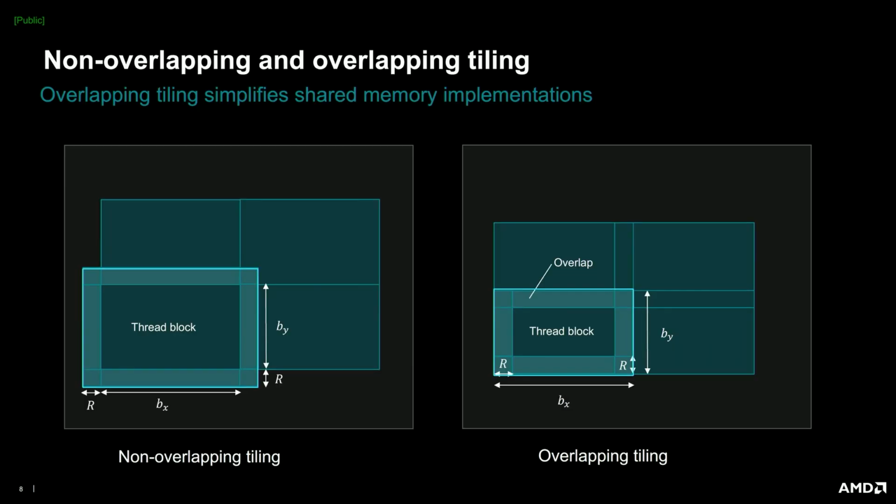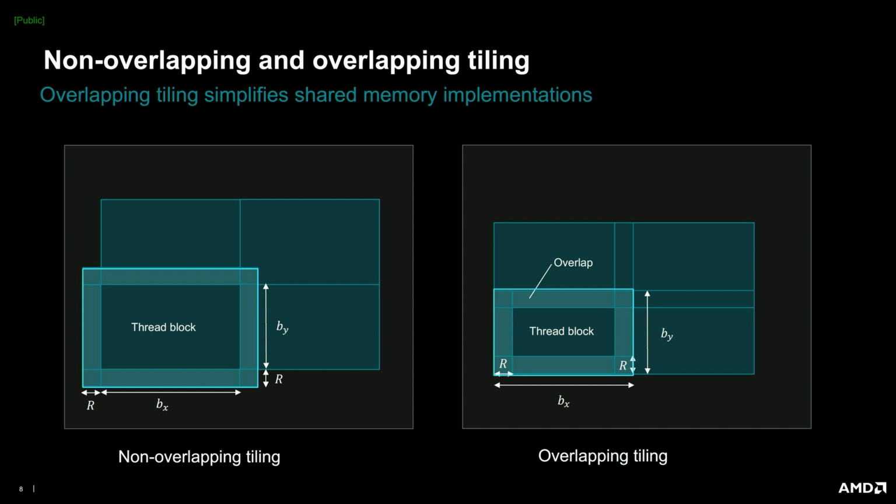One of the things you can think about from the start is that you've got to expose parallelism, which comes from decomposing your computational domain into tiles. There are various ways in which you can do it, and I'm distinguishing between 2 cases, an overlapping version and a non-overlapping one.